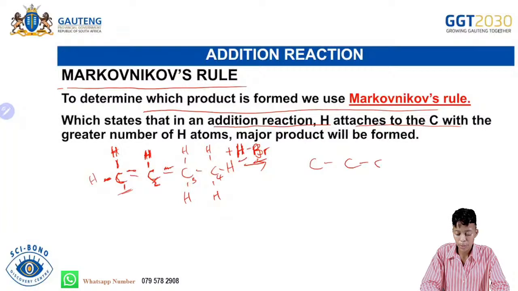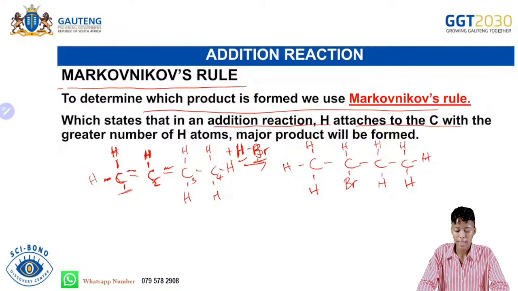So it means that if you are to add the hydrogen, you will need to add it on carbon number 1, and the bromine you will need to add on carbon number 2, because Markovnikov says that you need to add the hydrogen to the carbon that has the greater number.